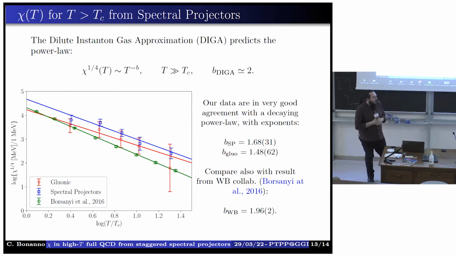Essentially, the prefactor in front of this power law with our spectral data seems to be larger, about a factor of 3. We still do not have a clear understanding of why there is this discrepancy, but it may be related to the different strategies that we have adopted to reduce the lattice artifacts affecting chi. So this is certainly something that is worth investigating more.